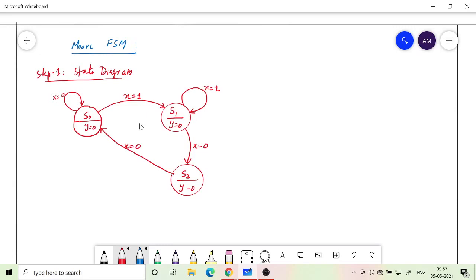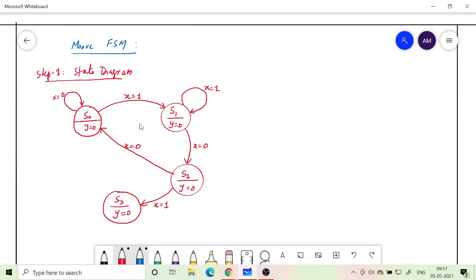When I am at S2, if the next bit happens to be 1, I detect 3 bits, but still my y is 0, if x equal to 1. S2 means 1 0 is detected, and after that one more 1 came. I went to S3, but I have not detected the sequence yet; I have only detected 3 bits.